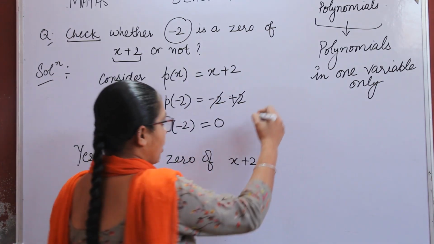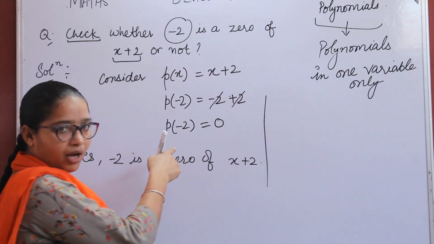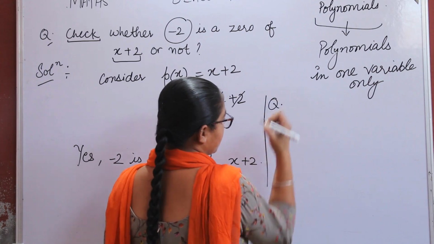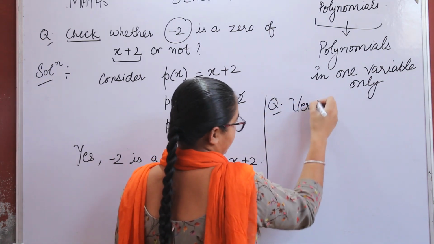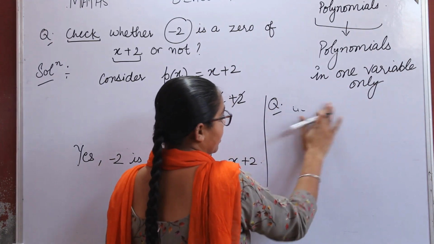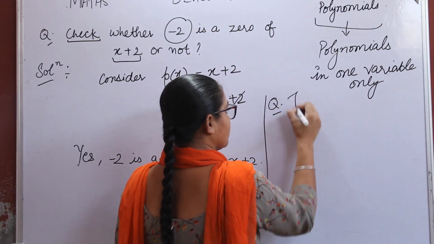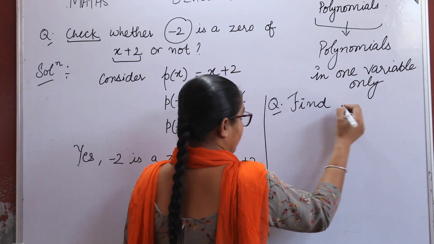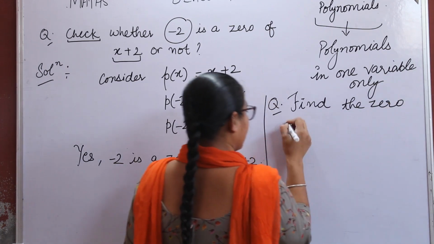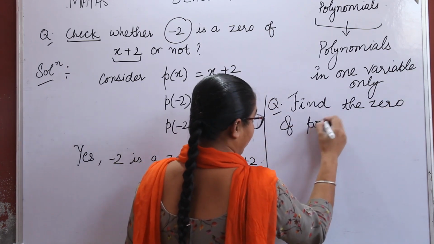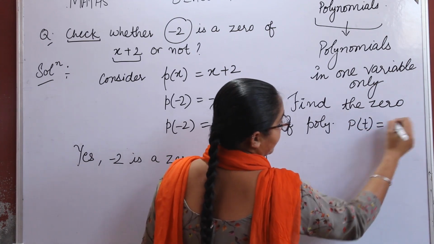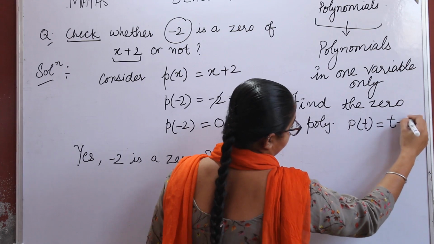Okay, so now if it is given, then you can fill the value. Suppose the next question is: find the 0 of polynomial p of t, t minus 8.